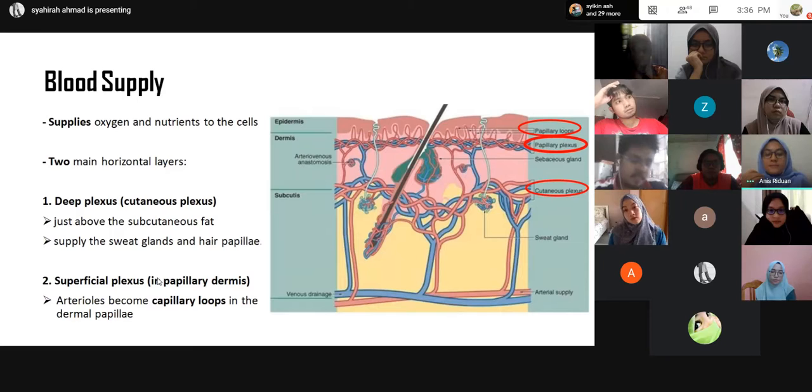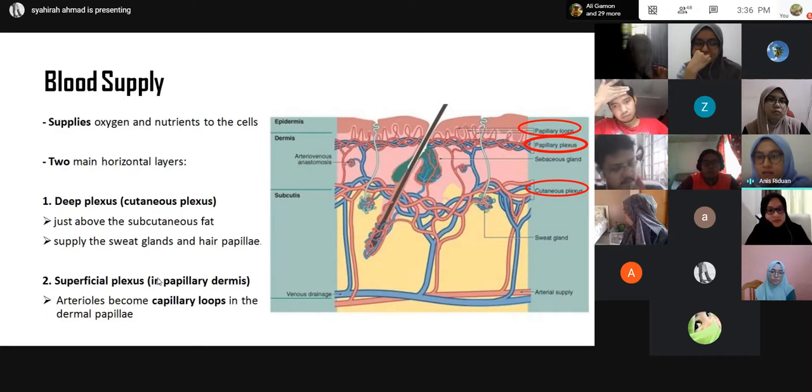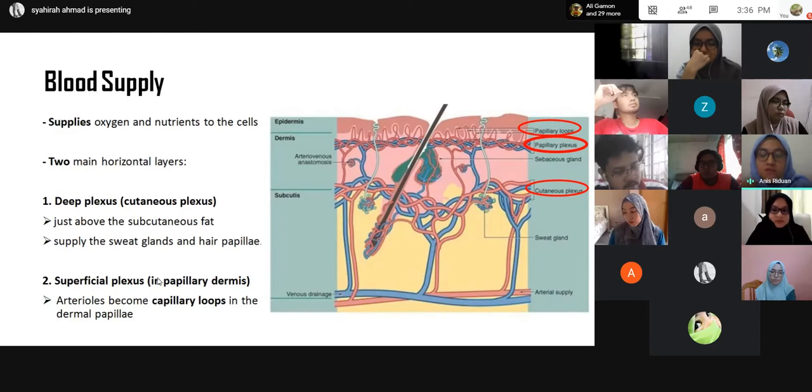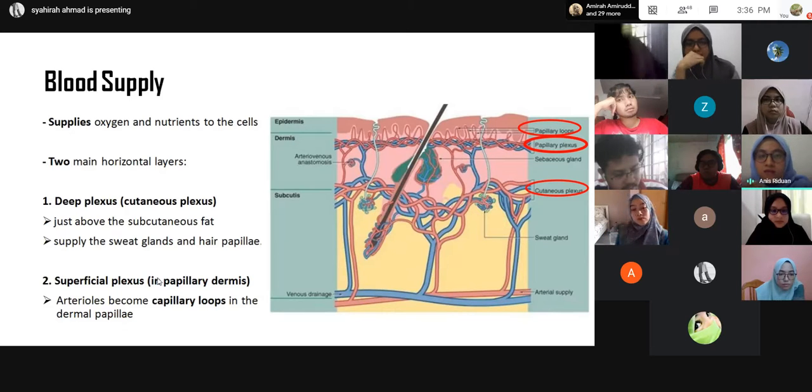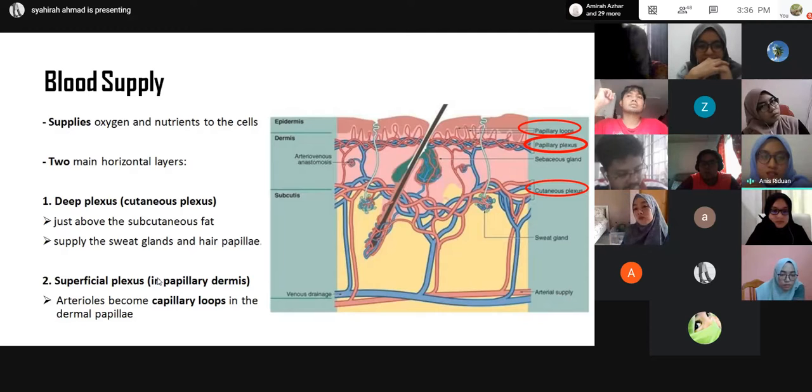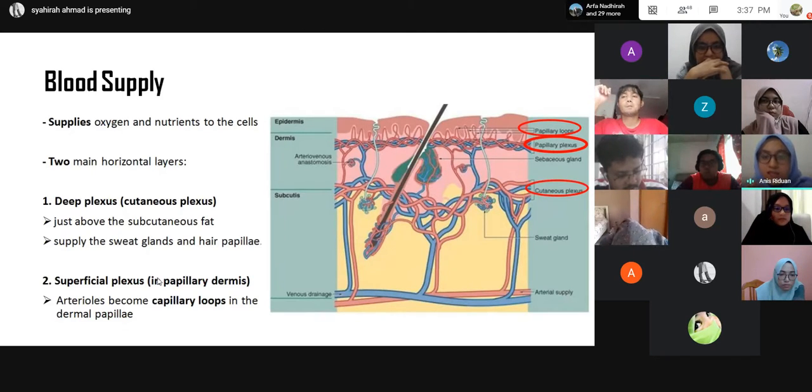In contrast to the epidermis, which is avascular, the dermis is highly vascular, helping in the supply of nutrients and also in thermoregulation. The blood vessels of the skin lie in two main horizontal layers, the deep plexus and the superficial plexus, as you can see in the picture, labeled with the red circle.